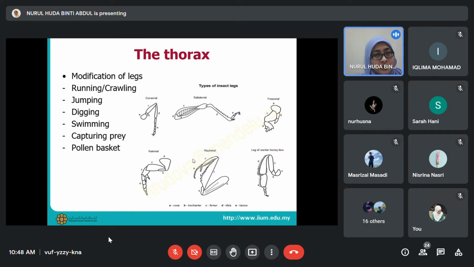It got the name pollen basket because they carry the pollen at the tibia part of the legs. Tibia ni membesar, the other parts like the tarsus are very small, maybe the femur a bit larger, but usually the tibia is enlarged to function as a pollen basket.